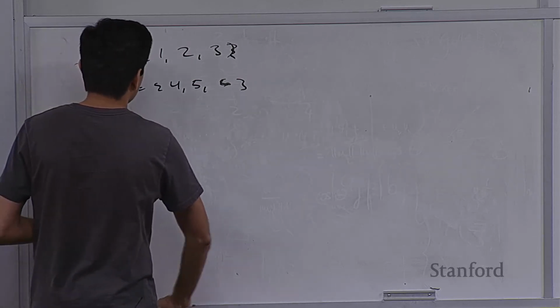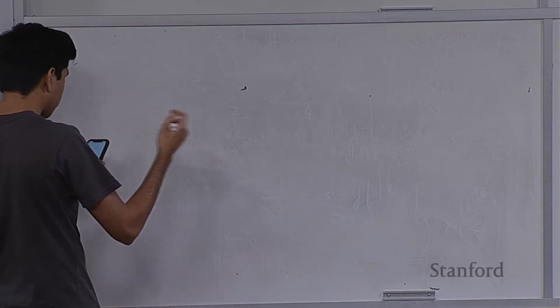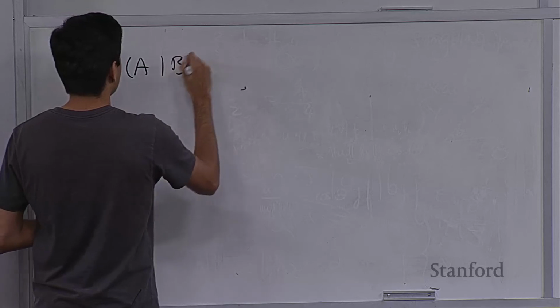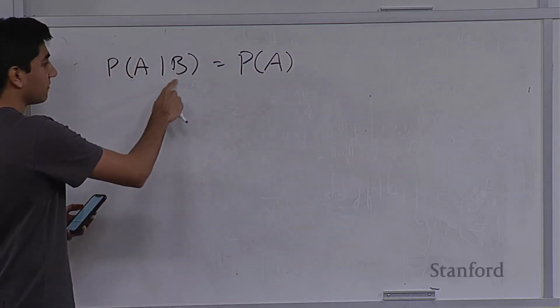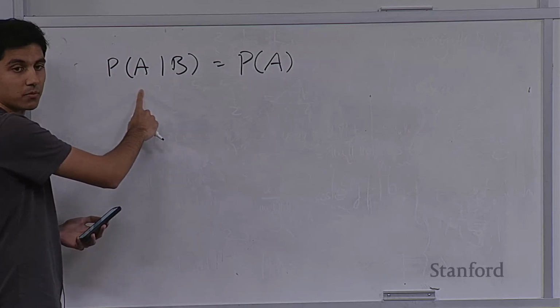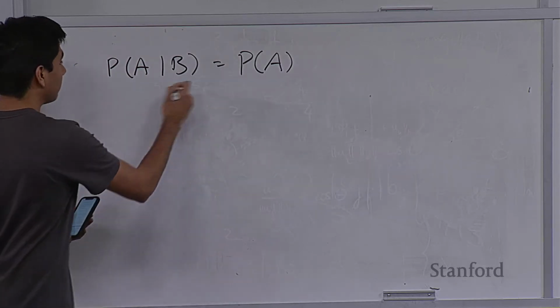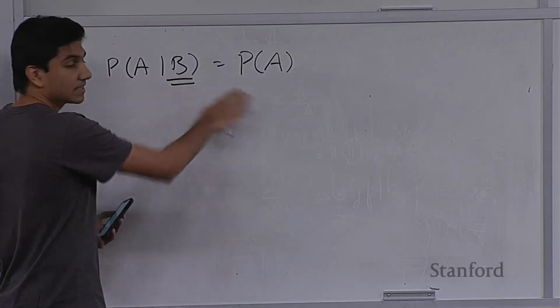The probabilistic way to write that event A is independent from event B is that the probability of A given B is the probability of A. Now what I mean by this is that if B happened, it doesn't give us any information about whether A will happen. Is that clear so far? Right, so given the information about whatever the outcome of B is, our outcome of A stays exactly the same.